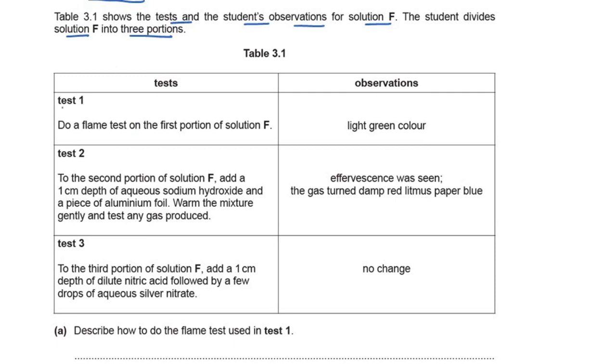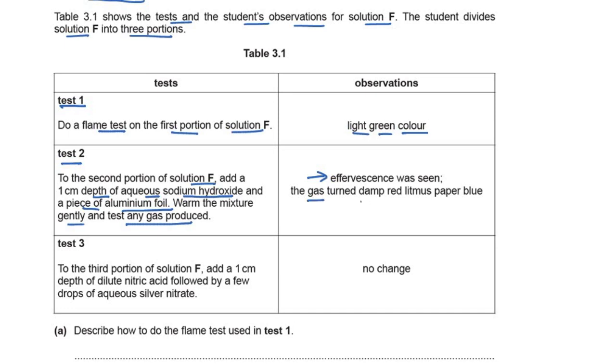So what are the cations and anions present in solution F that we need to identify from this table. So the first test which is given is do a flame test on the first portion of solution F, and light green color is obtained. On the second test, it's written to the second portion of solution F, add a 1 cm depth of aqueous sodium hydroxide and a piece of aluminium foil, warm the mixture gently and test any gas produced.